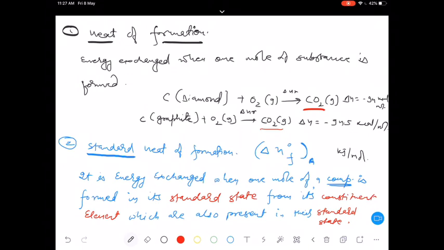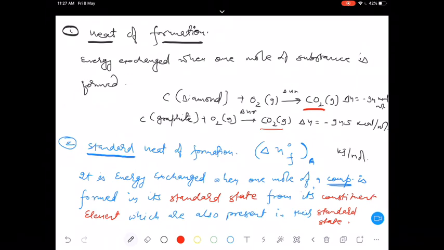Is it clear? Now there are two things at least which we need to discuss. First one is standard state, of course, and second one, what happens when a compound is formed from different reactants. I suppose this particular part is clear to everyone. Just go through these two definitions once again so that I can discuss examples. I'll give you 30 seconds.